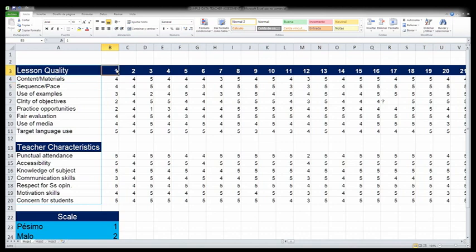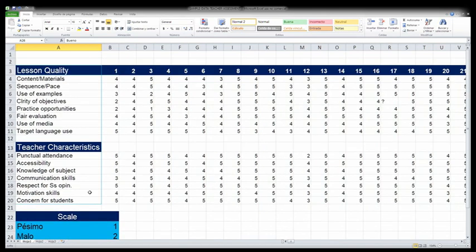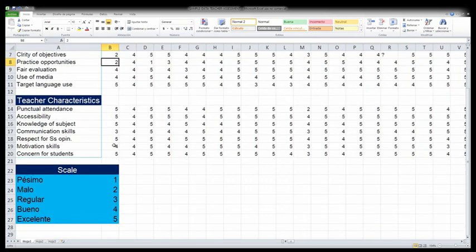So we can see here that participant number 1 rated his or her teacher as number 4 in contents and materials. In other words, the student thinks that the teacher is good at using materials and at delivering the content of the lesson. And so different numbers represent the different opinions that the students have.